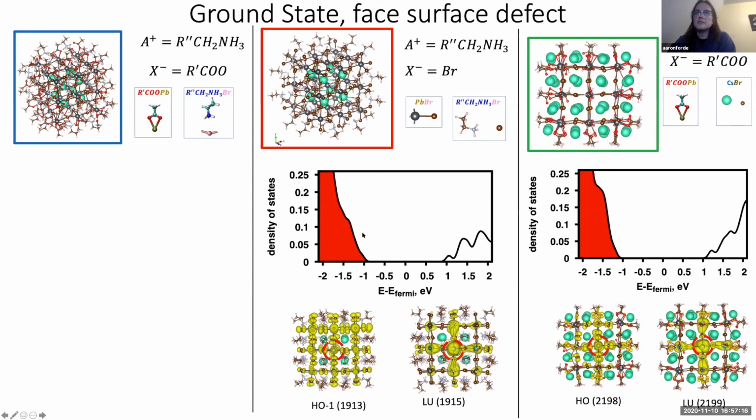And then these are the density of states for the re-optimized models that have surface defects or are uncoordinated.